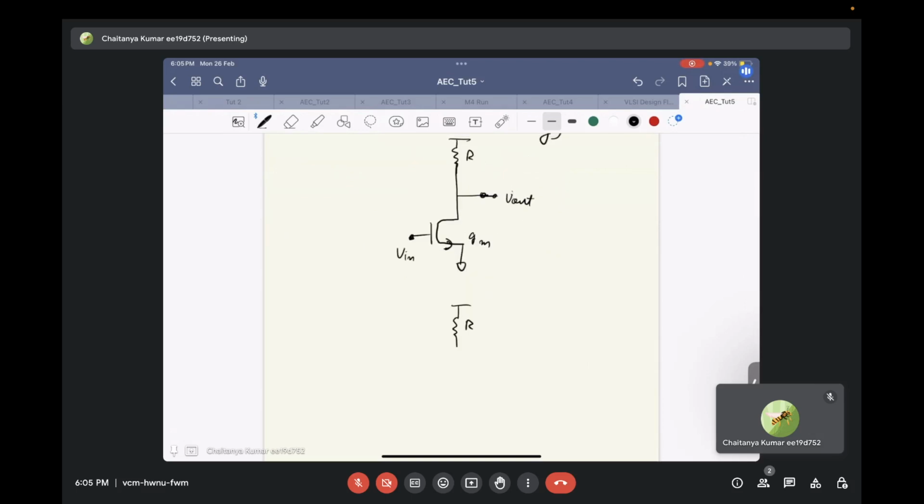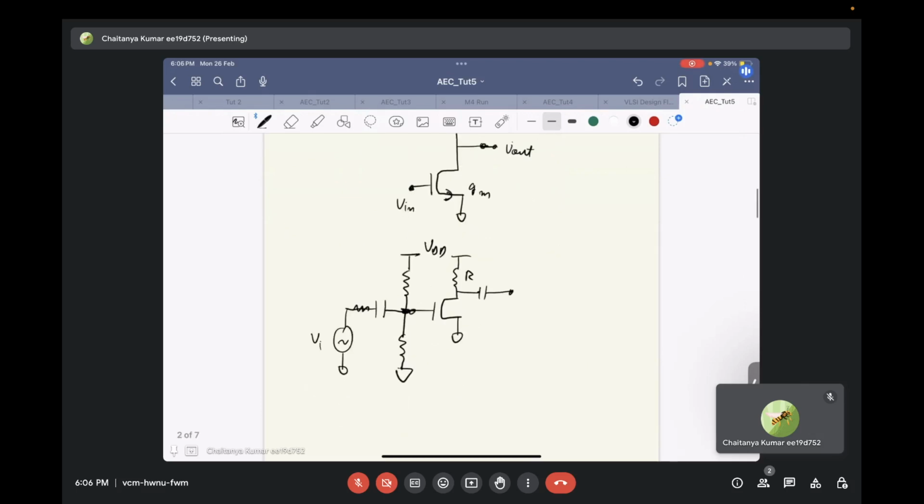Basically, you have this common source amplifier, and with that you connect through a resistor divider to VDD, and you give your input through a coupling capacitor.